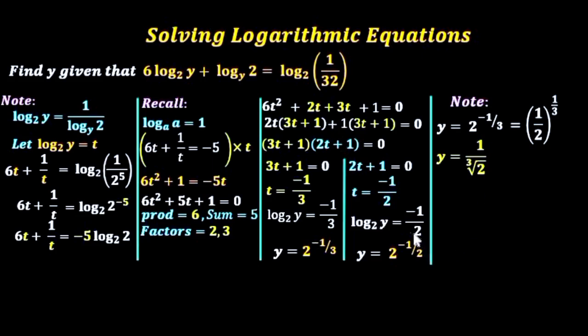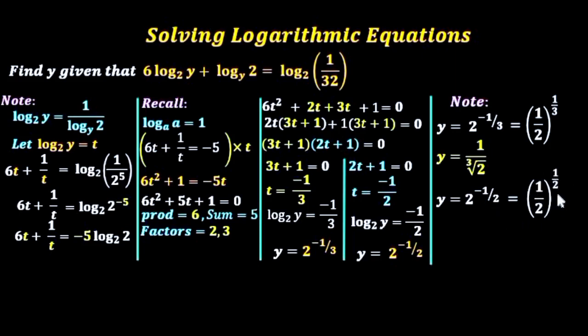Similarly, when you apply that to the second solution, we have y is equal to 2 raised to power negative a half. Now, this can be expressed as 1 over 2 raised to power a half. Once again, the negative implies reciprocal. So we get the reciprocal of 2, which is a half, and then the power becomes positive.